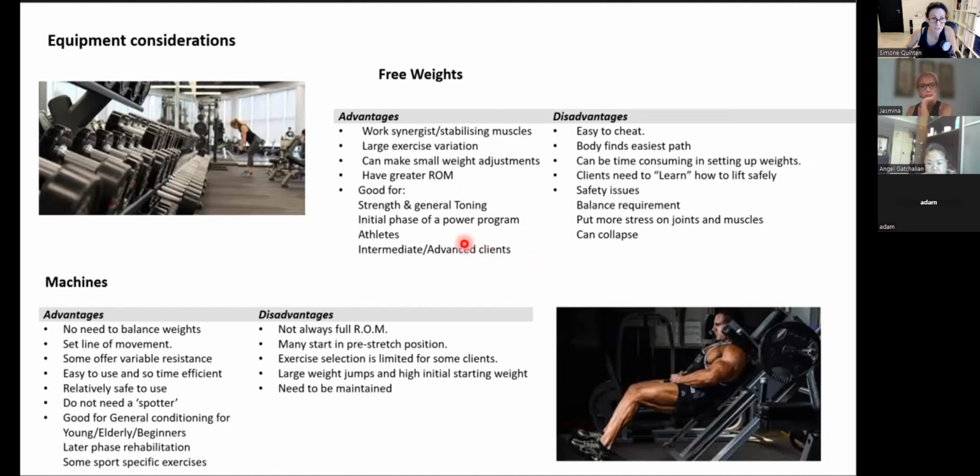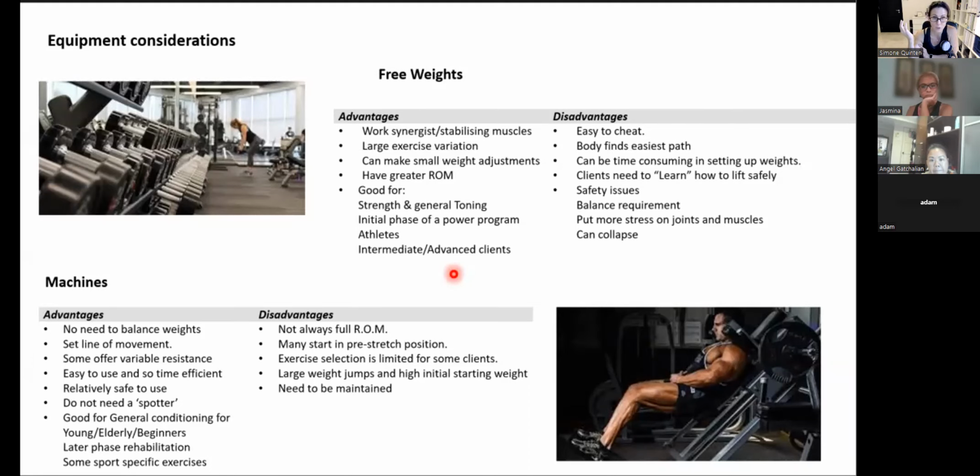It's the initial phase of power programs for athletes, intermediate and advanced clients. So normally for beginners, if you do have the choice, it is easier to start them with machines rather than doing weight training with free weights, okay?